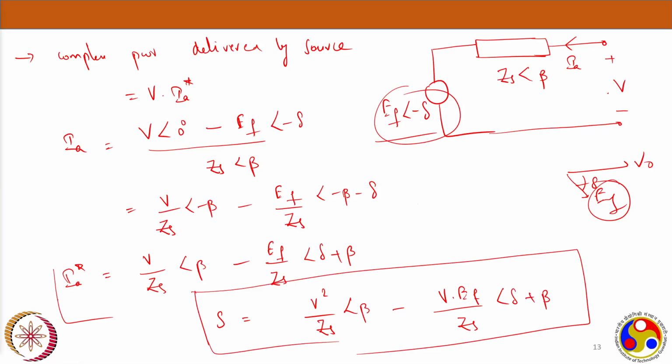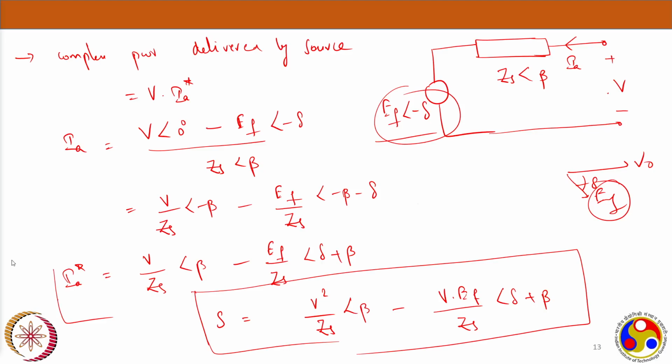So if you see, in the total complex power, what is the real power? S is nothing but P plus jQ. Now I can write these angles in terms of cos theta plus j sin theta. So all the cos terms would come under real power, and all the sin terms would go for reactive power.